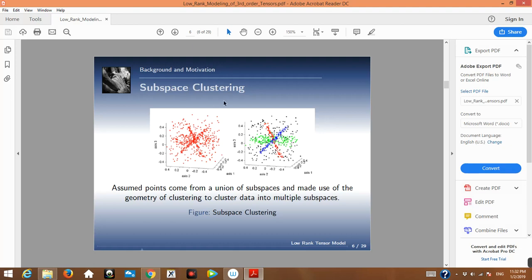However, subspace clustering is to cluster data into multiple subspaces using the geometry of the data. Here we assume that the points come from a union of subspaces.